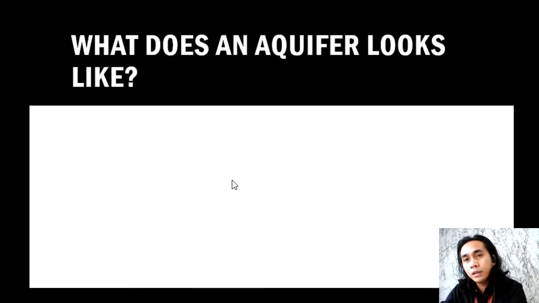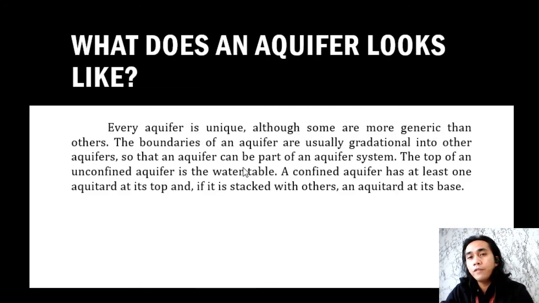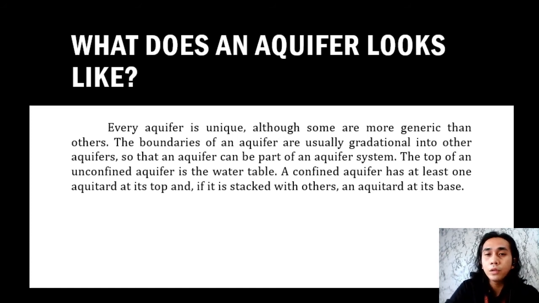Alright, so what does an aquifer look like? So every aquifer is unique, although some are more generic than others. So the boundaries of an aquifer are usually gradational into other aquifers, so that an aquifer can be part of an aquifer system. So the top of an unconfined aquifer is a water table, and a confined aquifer has at least one aquitard at its top, and if it's stuck with others, an aquitard at its base.